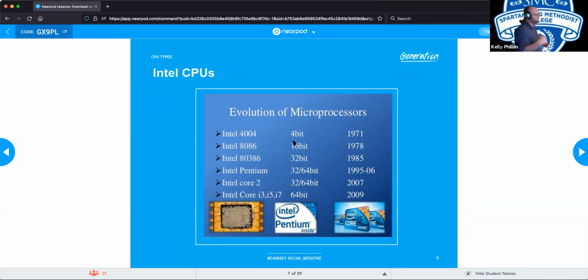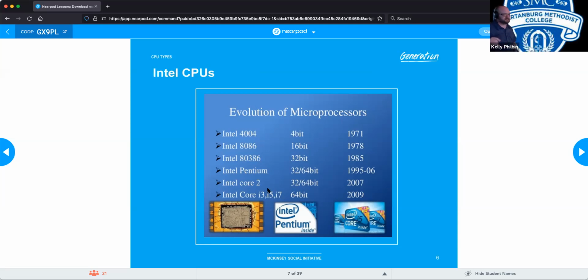Then they moved up to 16-bit, 32-bit, and now 64-bit, and they're basically fully evolving into straight 64-bit processors. You can see they just had the 4004, the 8086, and then they moved into the Pentiums, the Cores, and now they're into the i3, i5, i7s.